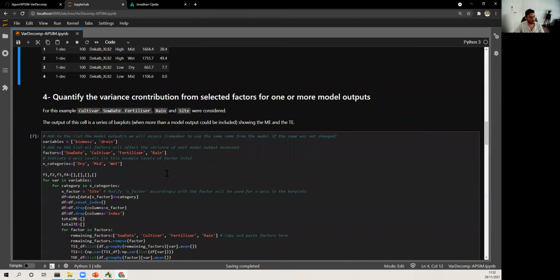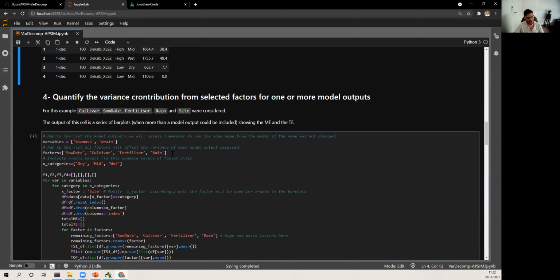In this step, this piece of code is basically the core of the analysis, and it is taking the variables, which are biomass and drain, and the factors: sowing date, cultivar, fertilizer, and rain. And then you will see that we don't have site here. Why?